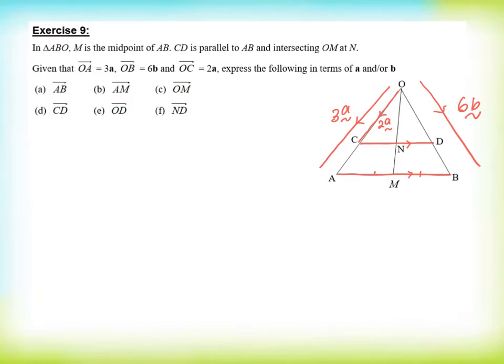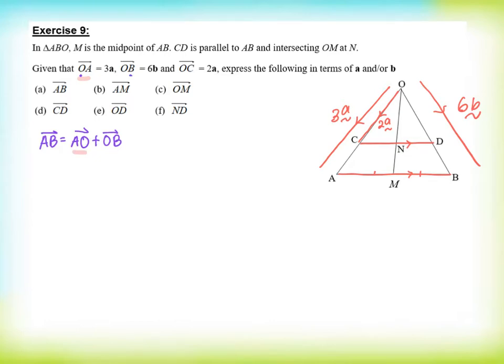How do I find this vector? I want to start from A and end up at B. Where can I go? A is related to, which vectors do I have? A is related to the point O. And from O, I can travel to B. So I start at A and end at B. Now AO and OA are going in the opposite direction.